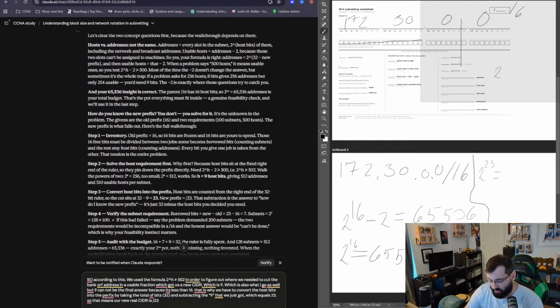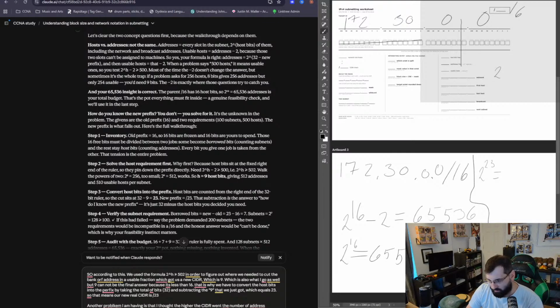Another problem I am having is that I thought the higher the prefix went, the number of addresses decreased, but according to the formula to find addresses, it is 2 to the power of CIDR.